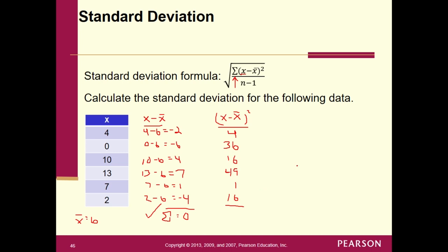That is supposed to be a 49. There we go. Okay? So what do we got here? We got 4 plus 36 plus 16, 49, 1, and 16. When I add that up, I got 122. So that is the summation of all the x minus x bar squared.